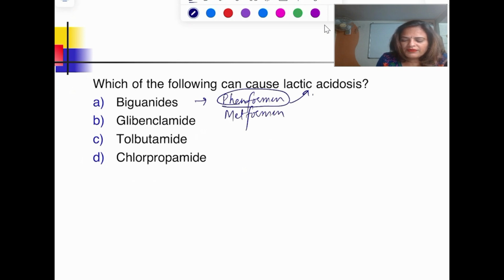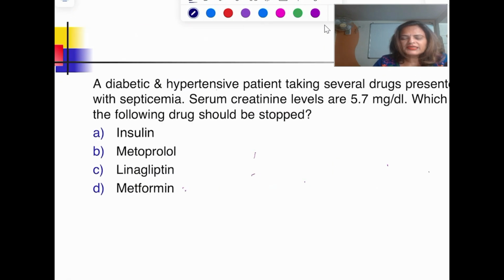Because of this side effect, this drug is banned. But under a few conditions we see lactic acidosis even with metformin. Otherwise, the main side effect of metformin is folic acid deficiency, and it causes megaloblastic anemia because of vitamin B12 deficiency.